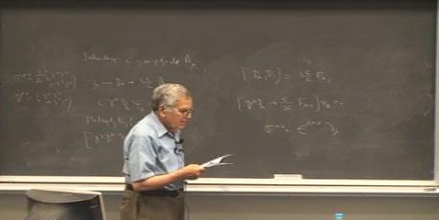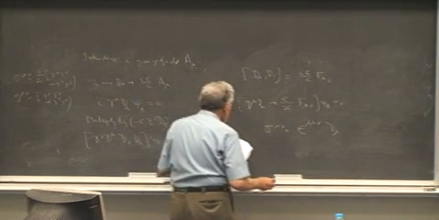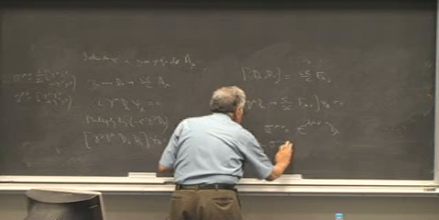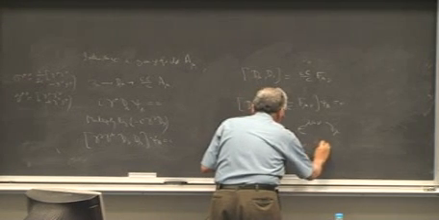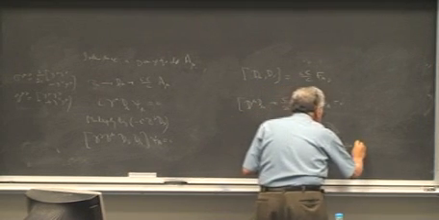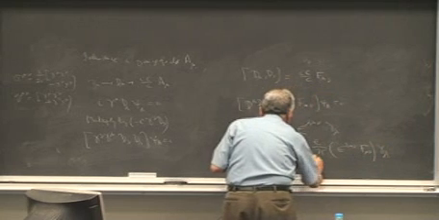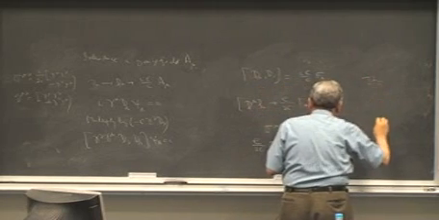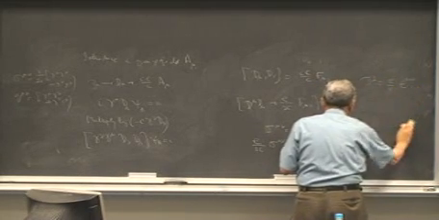I don't have to write it here, so we have then e over 2c sigma mu nu F mu nu is equal to e over 2c epsilon lambda mu nu F mu nu gamma lambda, and this you can write as j lambda times gamma lambda, where j lambda is e over c epsilon lambda mu nu F mu nu.